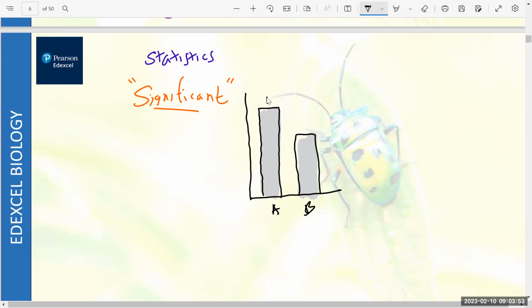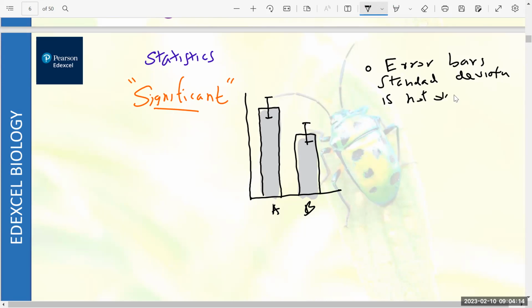For example, if error bars or standard deviation are not overlapping, then we concluded it is significant.